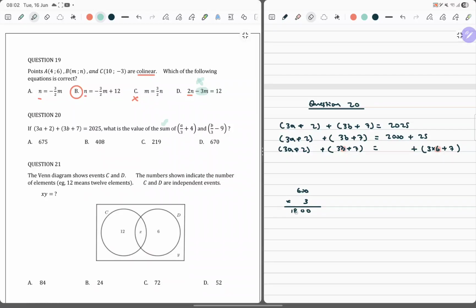This is so close, though. What about 700? 700 times 3 is 2,100, slightly above. We're close. So this thing must be between 600 and 700.